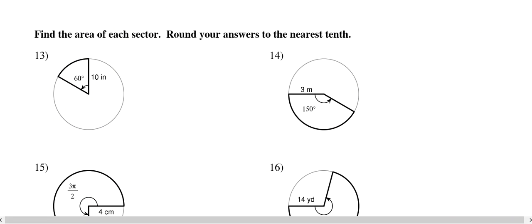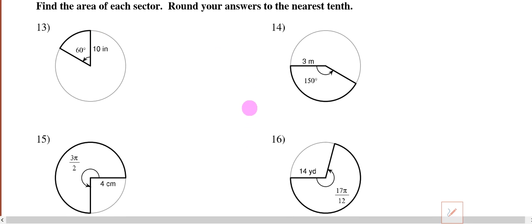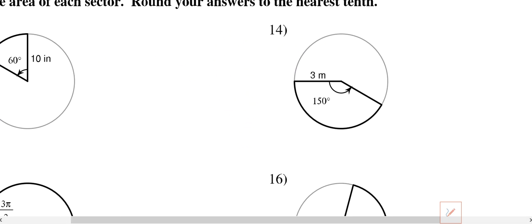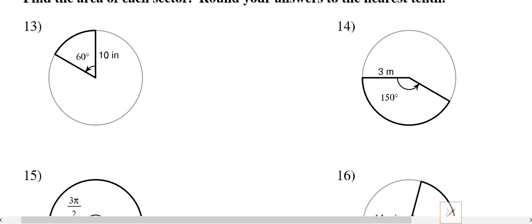Right, I'm recording. Let's do an area one. It does say round your answers to the nearest tenth, but we'll do what we do. When we're working out an area, it's the same principle. What fraction of this entire circle have we got? So we've got 60 degrees out of, because it's degrees, it must be out of 360.